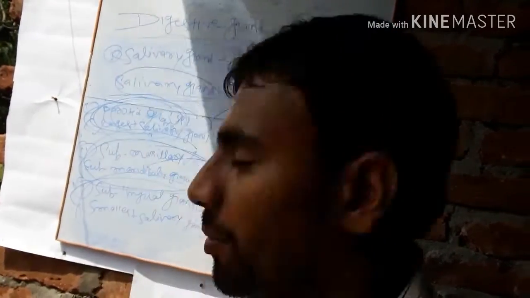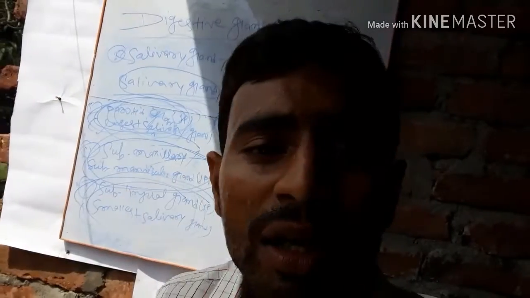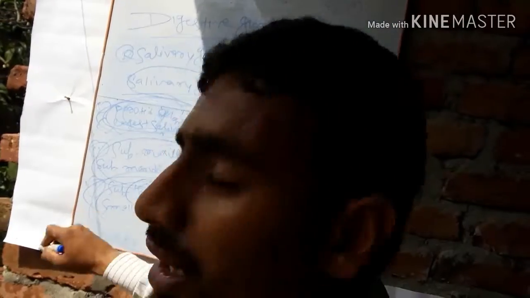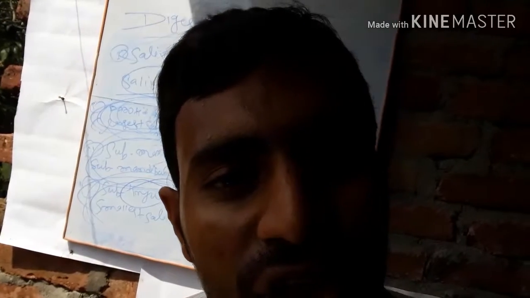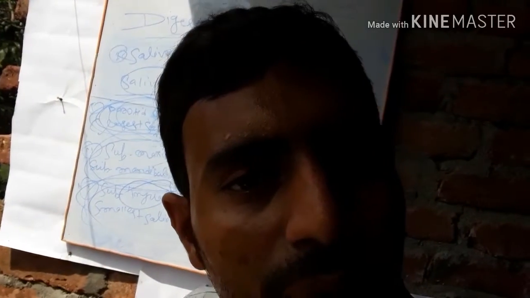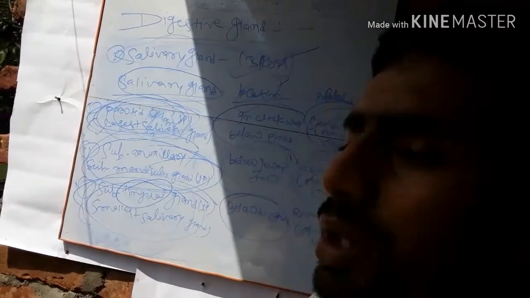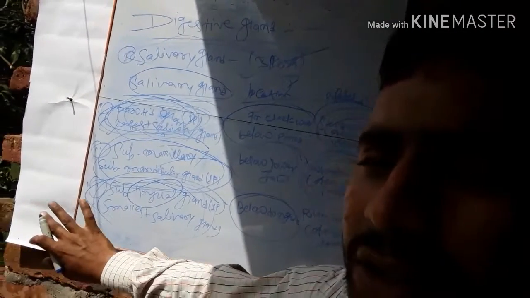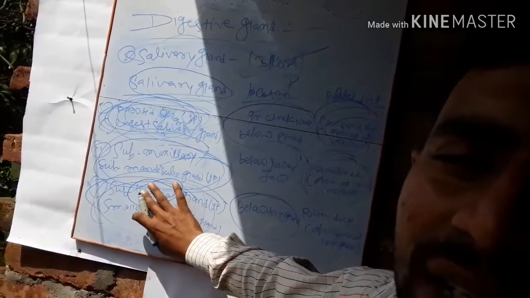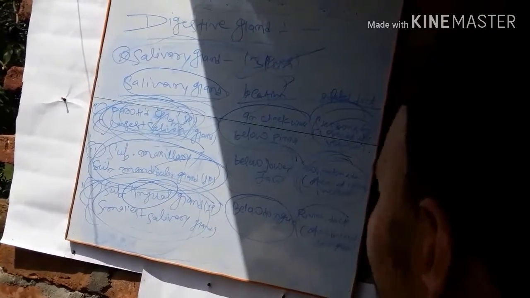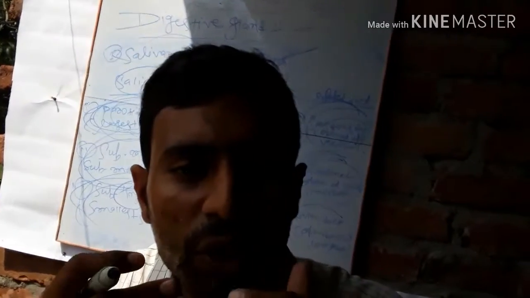Its location is below the tongue, because lingual means tongue and sub means below. Its related duct is the Rivinian duct, which opens below the tongue.